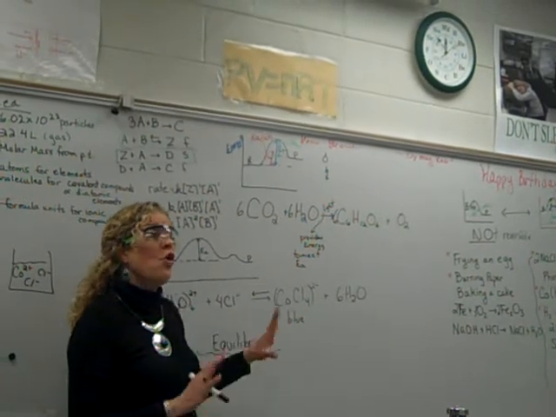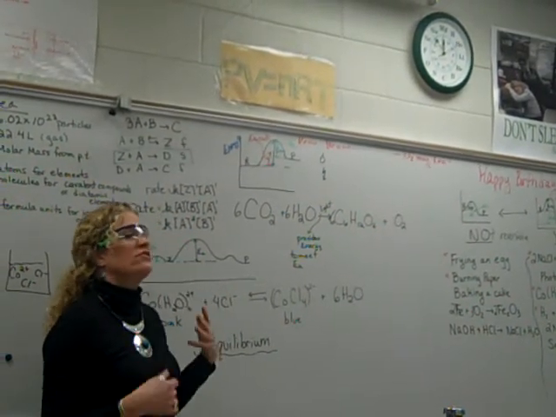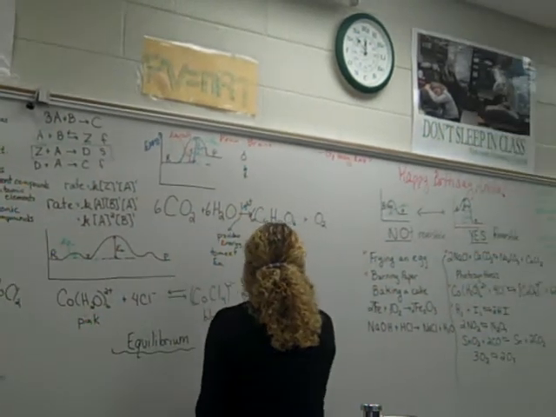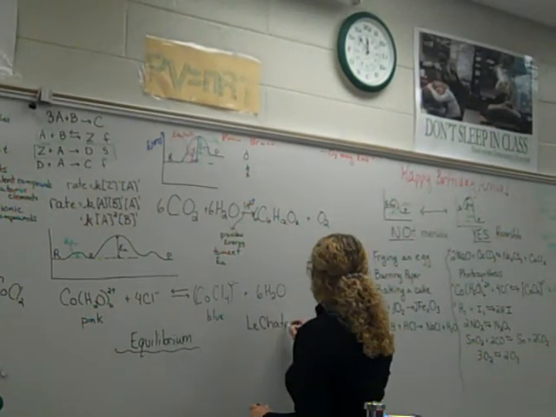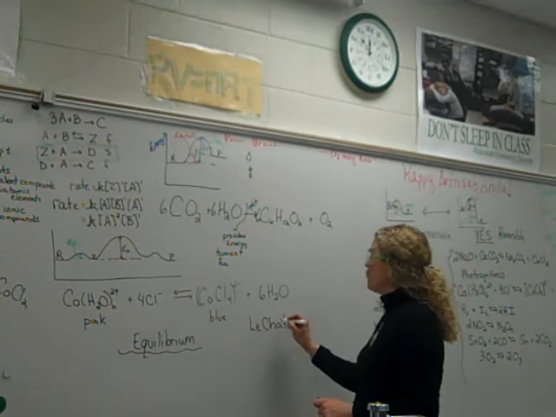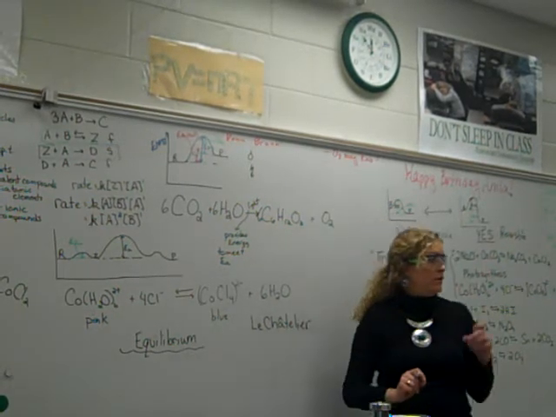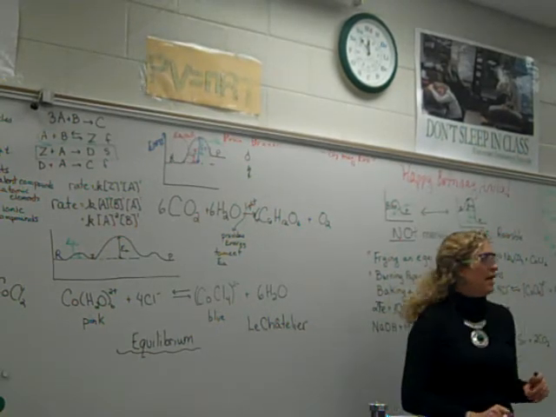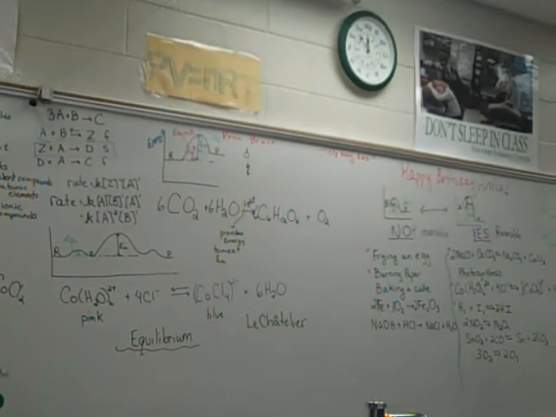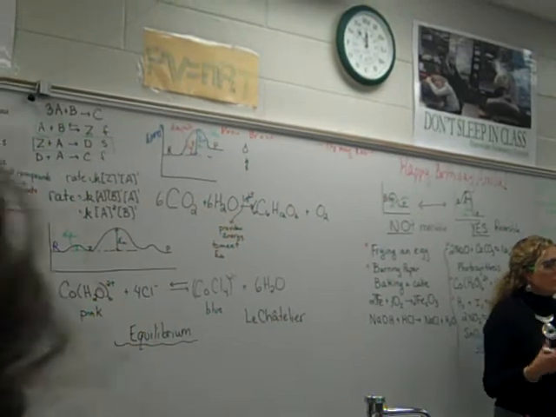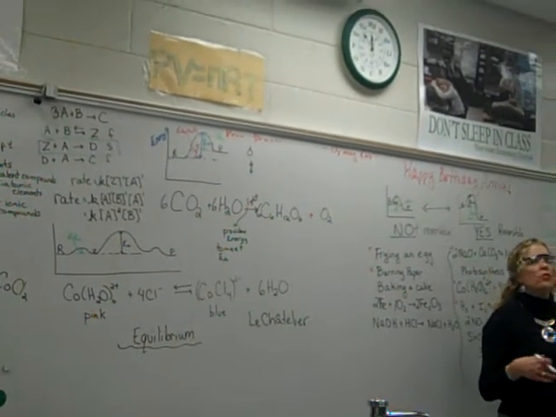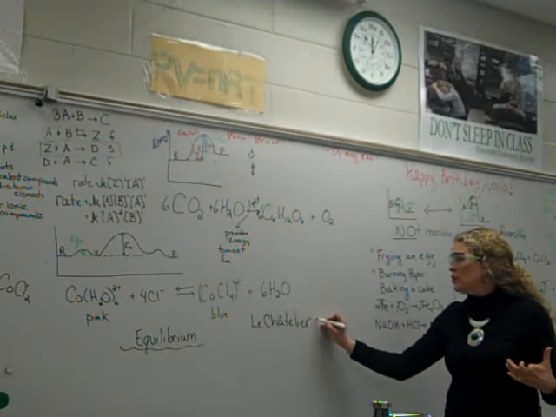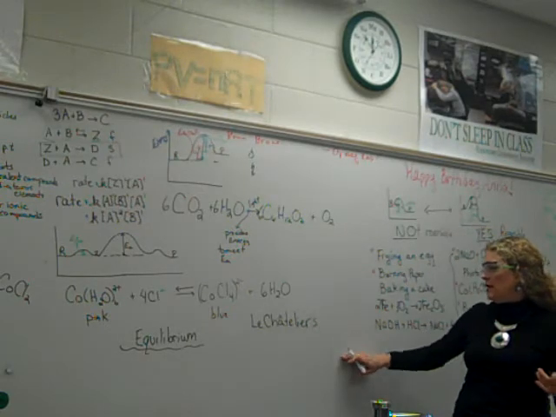Okay? This whole shifting thing was discovered by this dude named Le Chatelier. How many of you guys remember that name from Chem 1? Okay? All right, write this down. Okay? And Le Chatelier noticed this, and he really started to study it so that we could come up with a way to predict reactions using this principle.